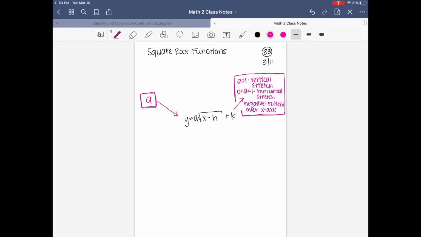Okay, so now let's look at the h value. I want to remind you that there is this minus sign that's part of the function. It stays as a minus, so that kind of affects what happens with the h value, very similar to how it affected a quadratic with an h value. Right, so here are some options. If it says plus h, that's going to be the opposite of what you would think.